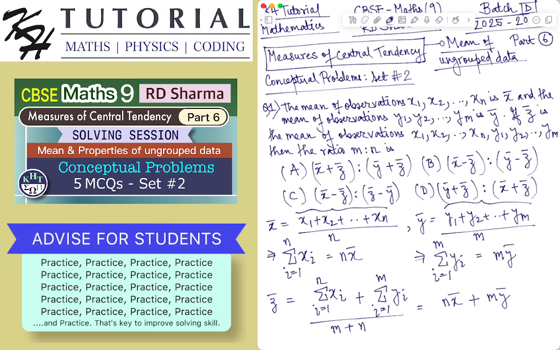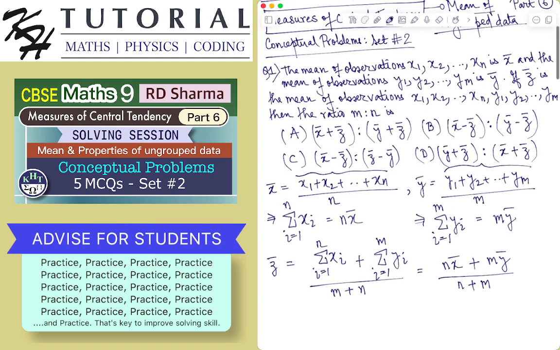If x1 to xn is the first set of observations having mean x bar, and y1 to ym is another set of observations having mean y bar, then the mean of the combined observations will be n into x bar plus m into y bar, divided by n plus m. This is a result, a property you should always remember: the combined mean of two sets of observations.